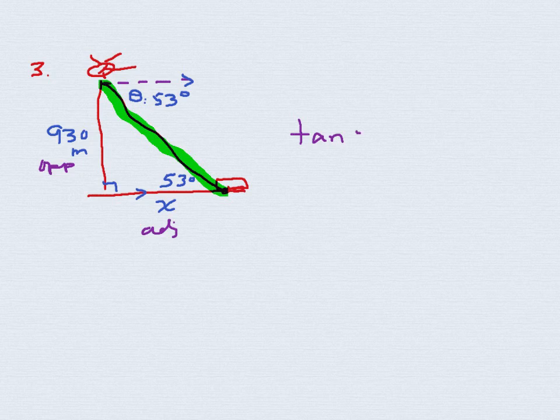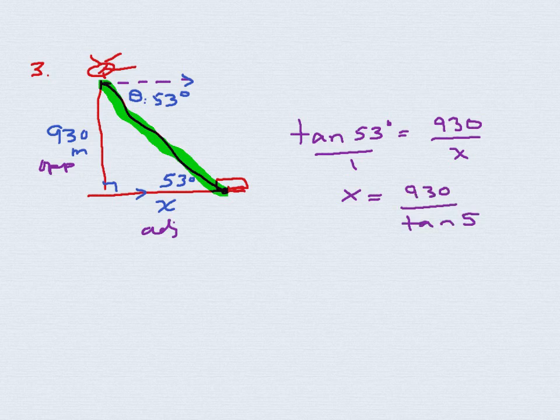The tan of our known angle, 53 degrees, is going to equal the opposite 930 divided by the adjacent, which is x. So to solve for the x, this time your unknown's on the bottom of your ratio. So 930 times 1, which is 930, you're going to divide that by the tan of 53, which is just simply a ratio that your calculator will give you.